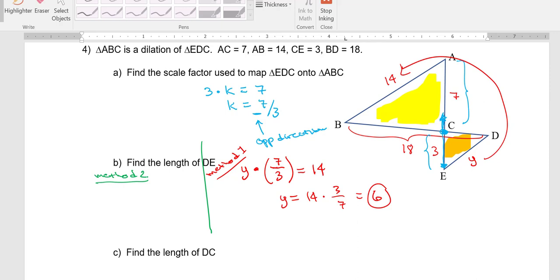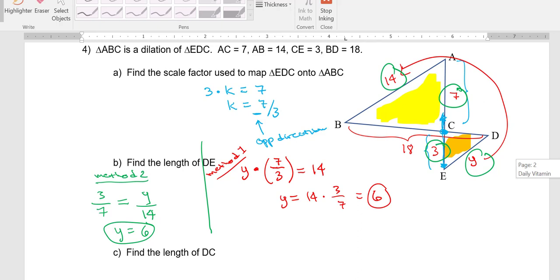Just to give you a little foreshadowing, 3 from the smaller triangle is to 7 of the bigger triangle, as y from the smaller triangle is to 14 from the bigger triangle, which is the corresponding side. If I solve for y here, I get y equals 6, which is what we were looking for.